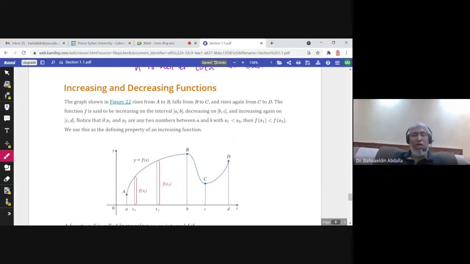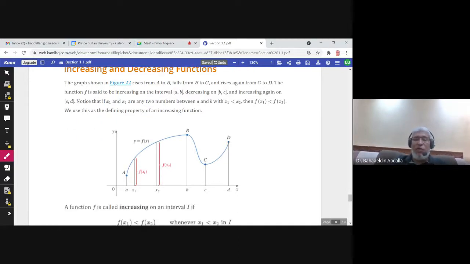The last point I believe in this section is increasing and decreasing functions. If you look at this graph, this is a graph of a function f of x. The graph rises from a to b, then falls from b to c, then rises again from c to d. So we say that the function f is increasing, rises, on the interval a to b.